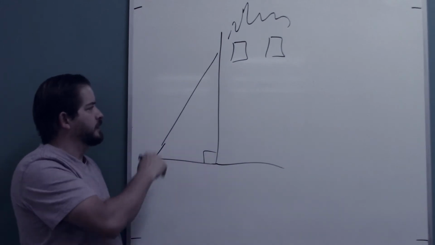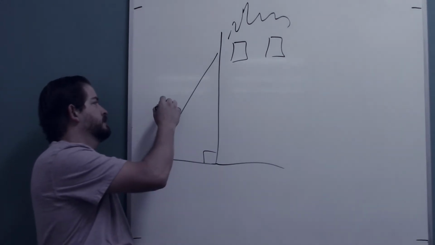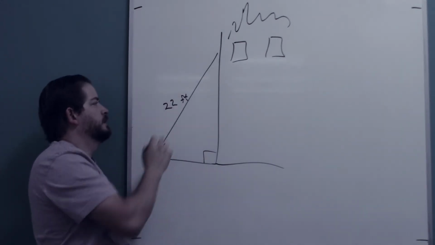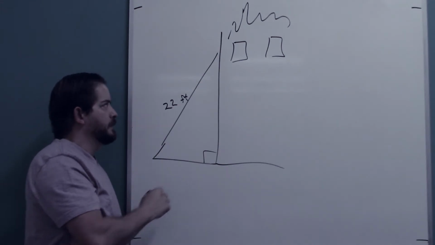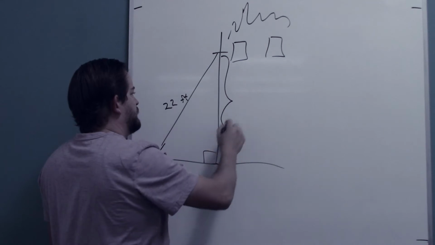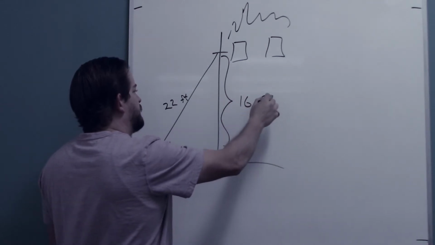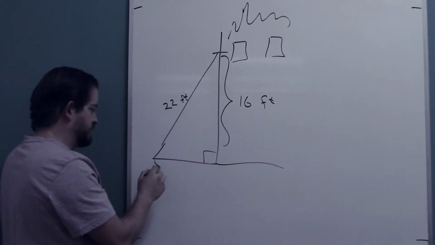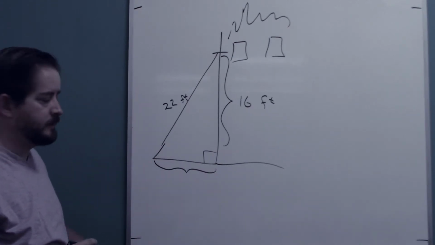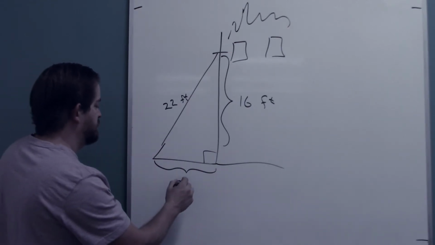And therefore, if this fireman throws up, let's say his, I don't know, 22-foot ladder, and this window that he has to get to, let's say, is 16 feet off the ground, then the question is how far away from the building is the base of the ladder, right?